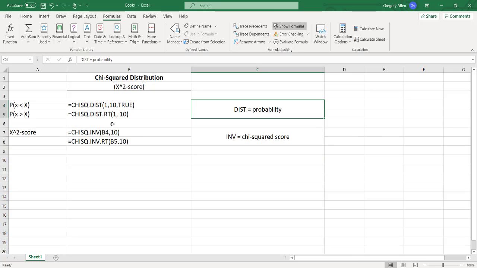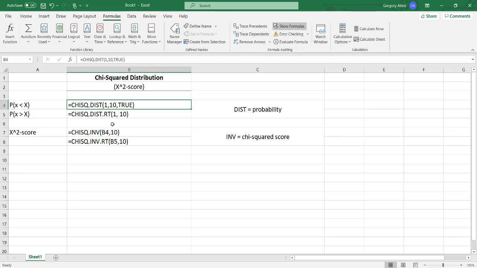Now, briefly, just before we wrap up here, I want to talk for just another minute about this true-false cumulative parameter here, because I've kind of just politely ignored it and just said, yep, put true. Okay, what happens if you put false? Well, remember, there are formulas that are used to describe the graphs that we've seen for these distributions.